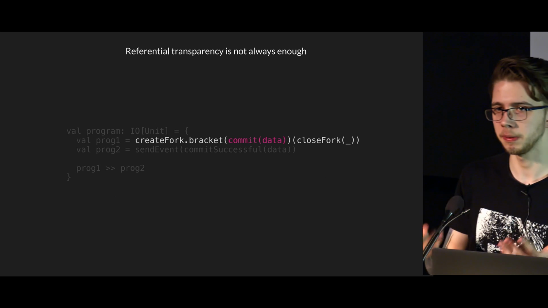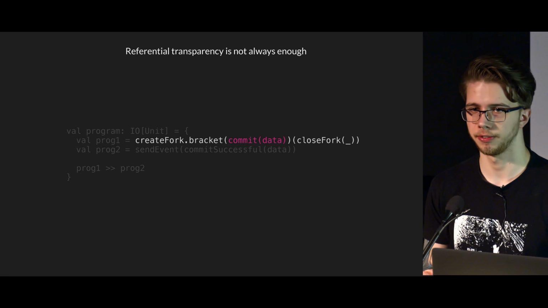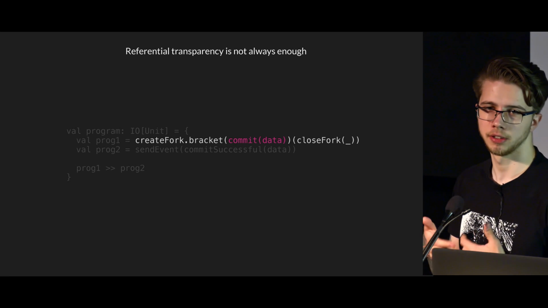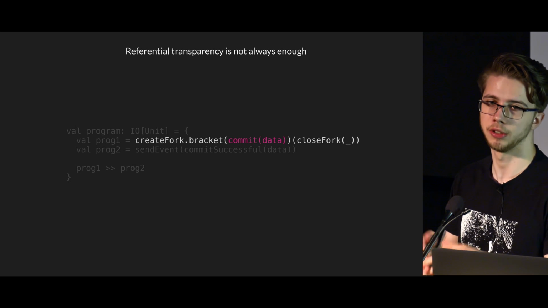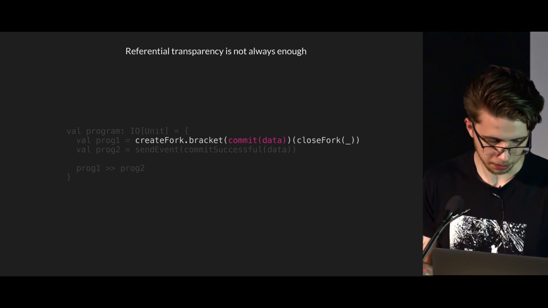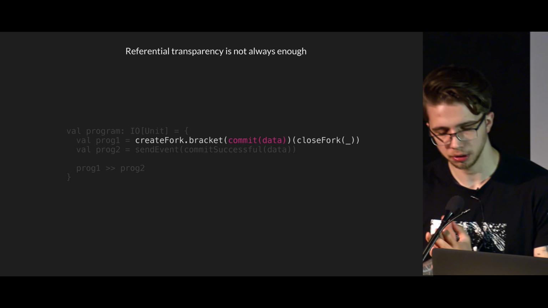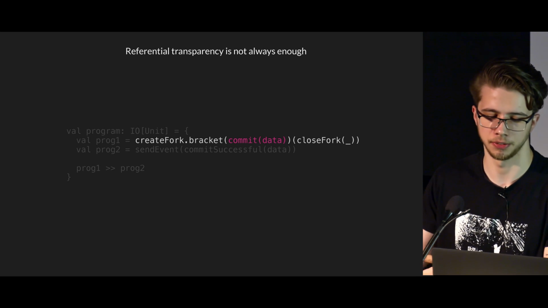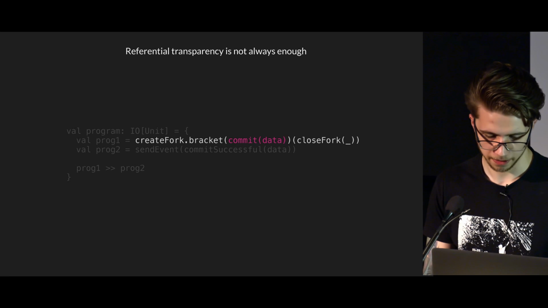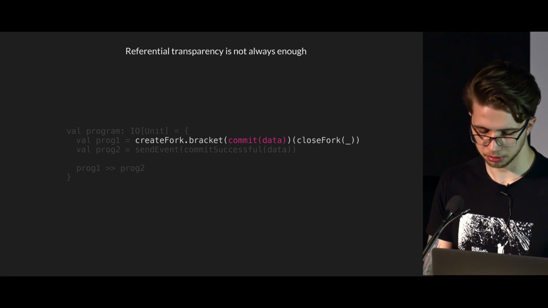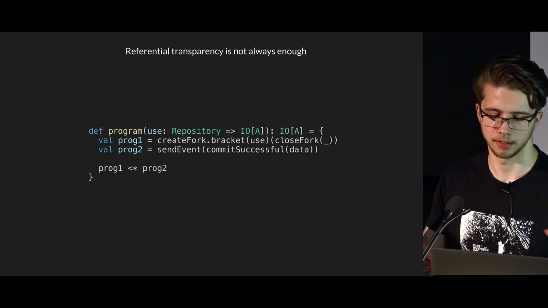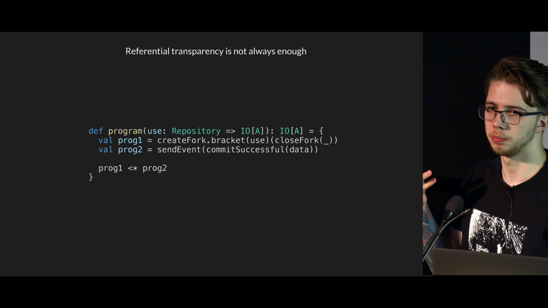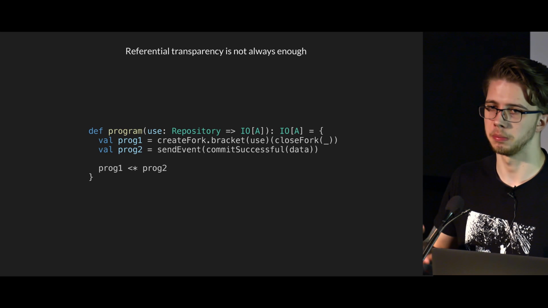So referential transparency gives us a certain degree of compositionality, but it doesn't give us all the superpowers. For example, here, what if I wanted to do something more with this repository while this fork still exists? For example, I could extract it out, abstract this away and allow the user of my function to provide the way that they want to use the repository with.